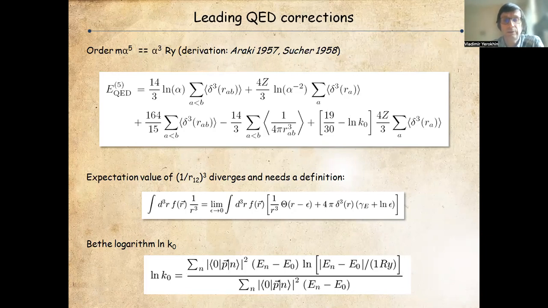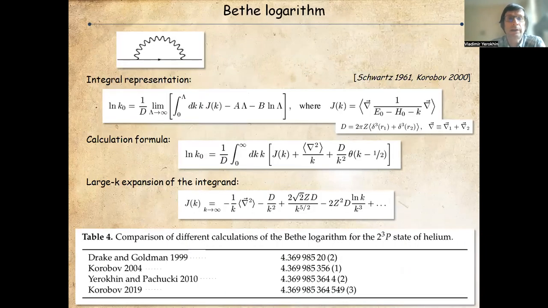It was for quite some time a difficult problem to calculate, but by now we know how to do this very well. There are different approaches. The approach we use goes back to papers of Schwartz and more recent work of Vladimir Yerokhin, and in it we use the integral representation for the Bethe logarithm.